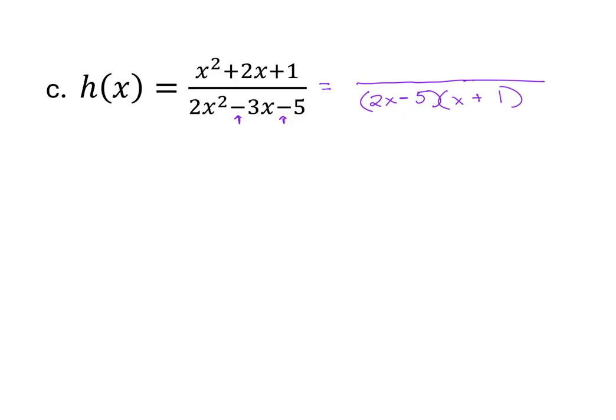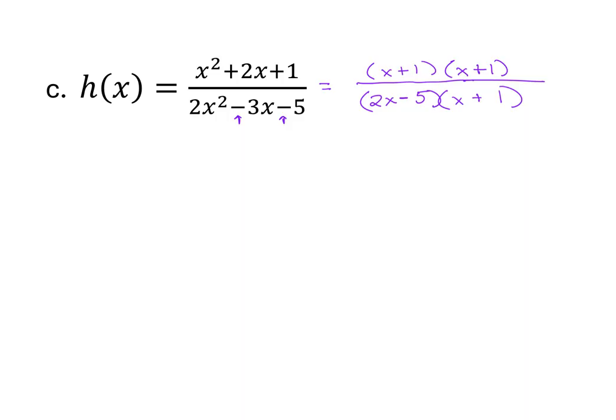If we factor the numerator, this is a perfect square trinomial, and we get x plus 1 times x plus 1. We were only asked to find asymptotes, so that's what we'll do.